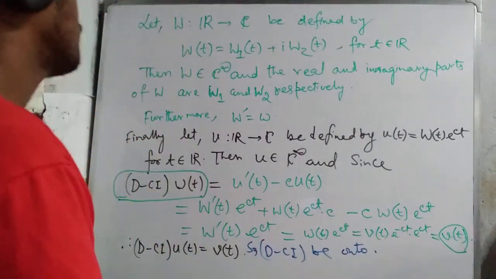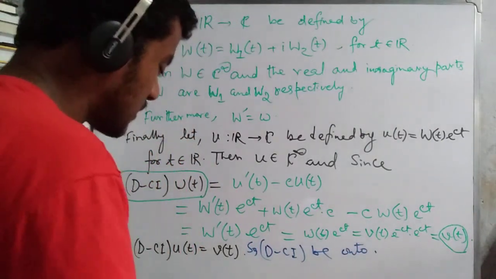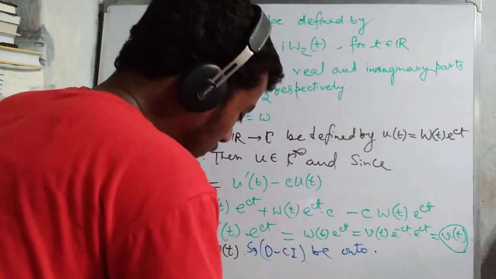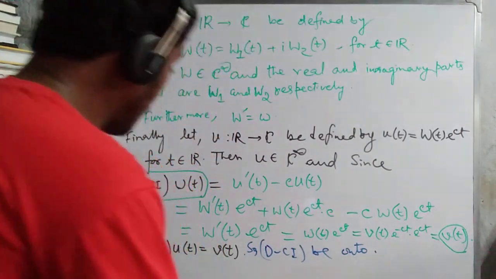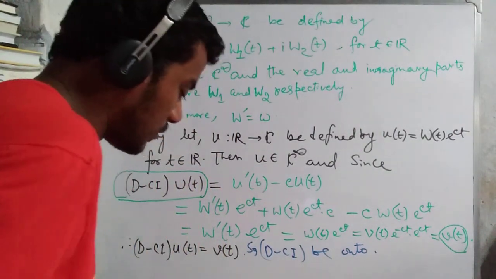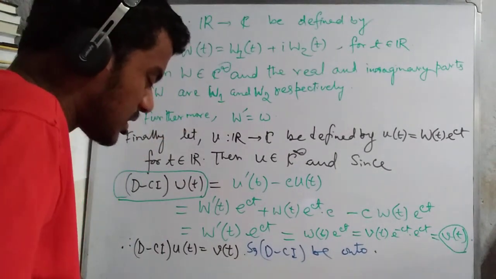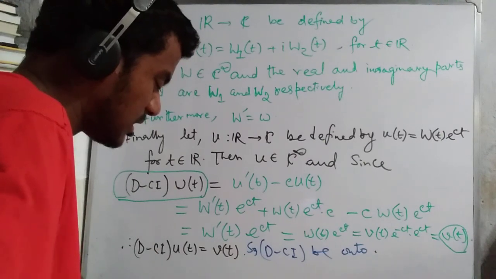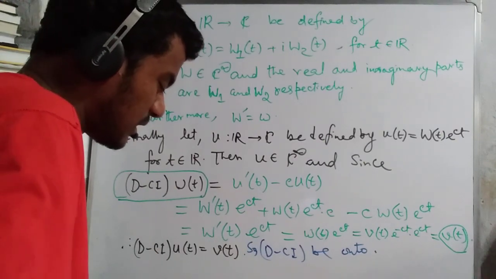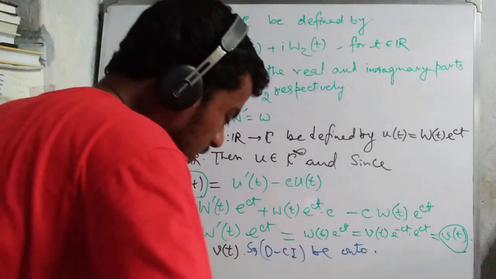Understood? So what we do? Let w(t) equal v(t) e to the power minus ct. Then small w belongs to C infinity, since v and e to the power minus ct are both C infinity.